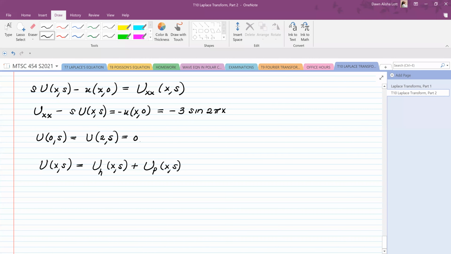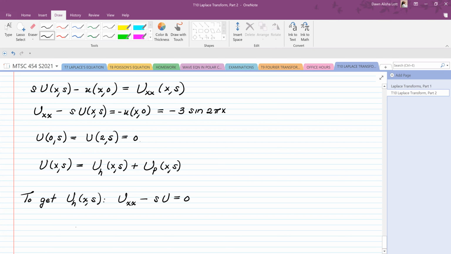Now the homogeneous part is rather easy. To get U homogeneous of x and s, I just have to solve U xx minus s U is equal to 0.